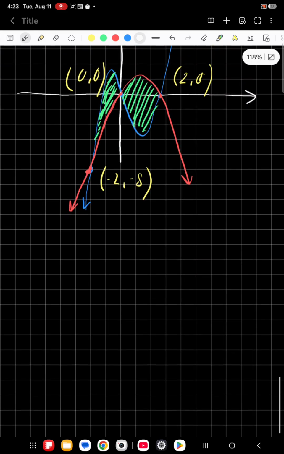The difficulty here is more conceptual, understanding the process: you need to find those points of intersection and then subtract those two curves. But in general, this is pretty easy. What I'm trying to say is that once you know what to do, it's very easy to execute the problem.